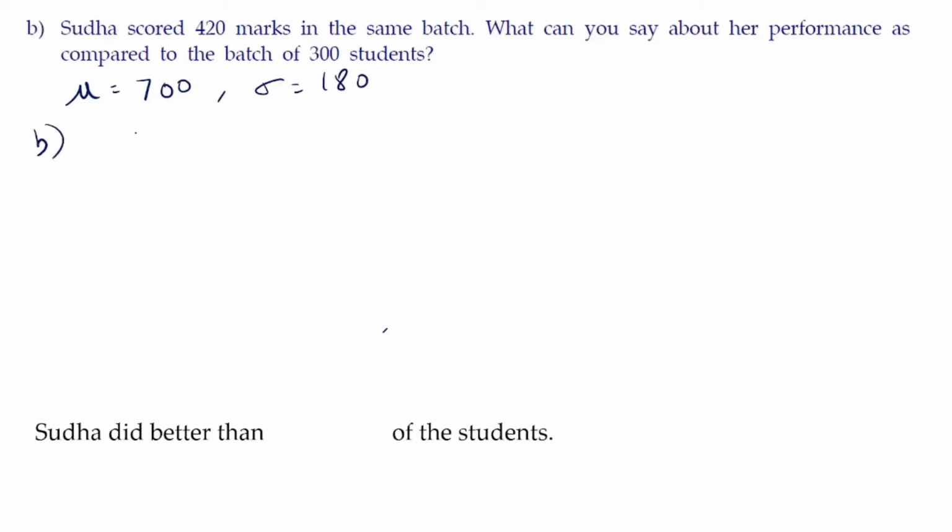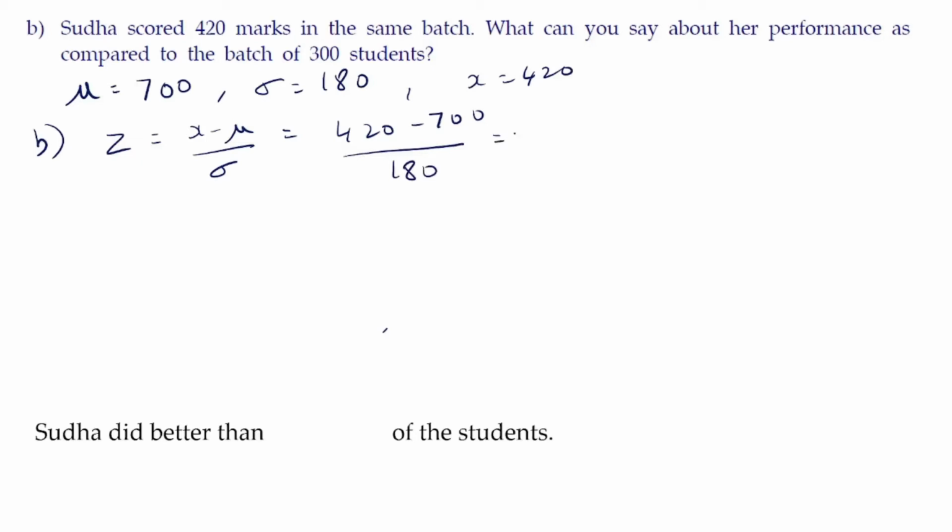So here let us calculate z. Z is equal to x minus mu by sigma. Here x is 420. So it is 420 minus 700 upon 180, which is equal to minus 1.56. So we need to know the percentage of students who got marks less than 420.